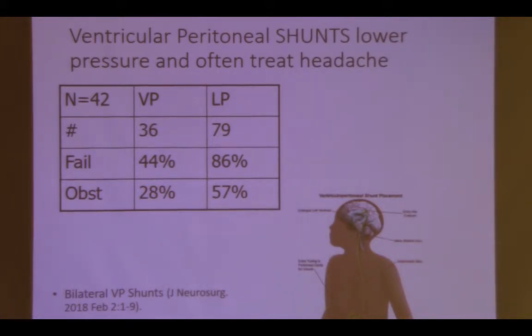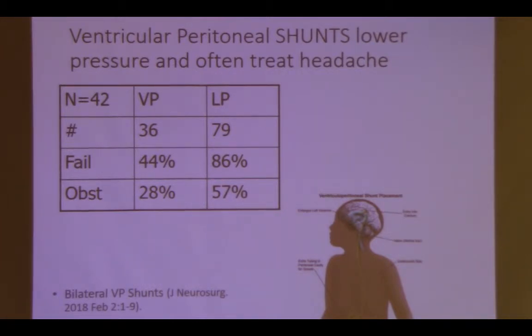It's not a panacea. The lumbar peritoneal shunts, where they run one from the lumbar spine to the peritoneum or abdomen, failed about 86% of the time. The ventricular peritoneal ones fail about 44%, and obstructions of the shunts can also occur.